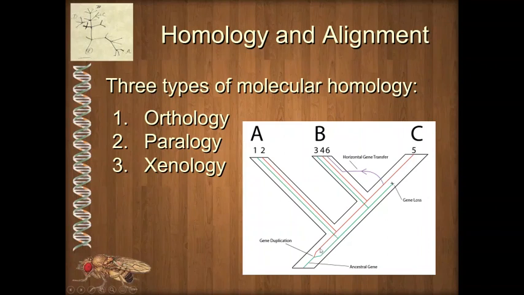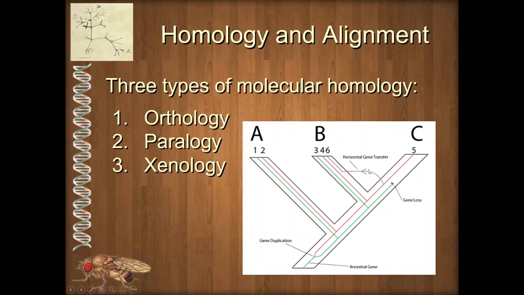But as we go farther back, they finally coalesce and descend from that same common gene in the ancestor, and they split up at the duplication event. So genes that trace their common ancestry back to a gene duplication event are defined as homologous via paralogy. Again, a subcategory of homology.